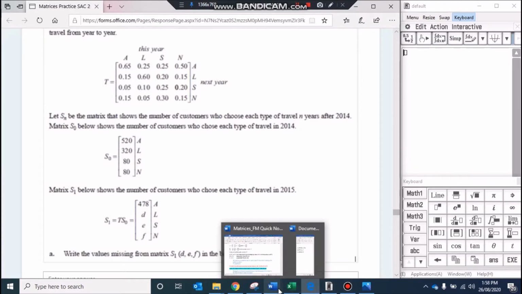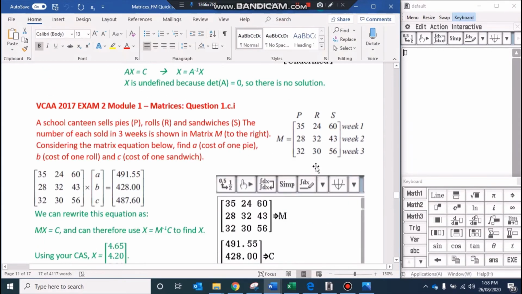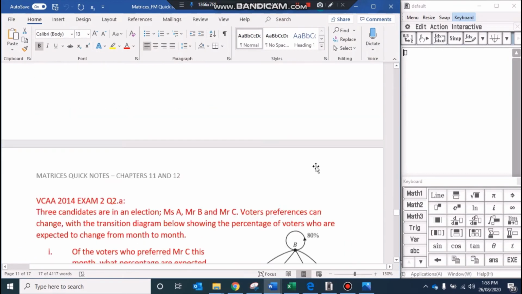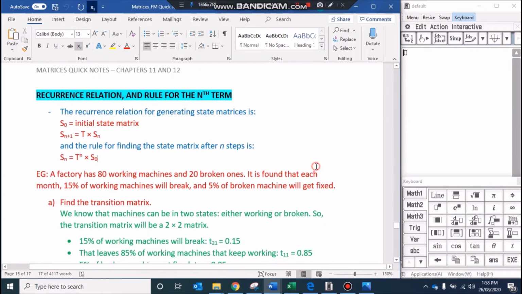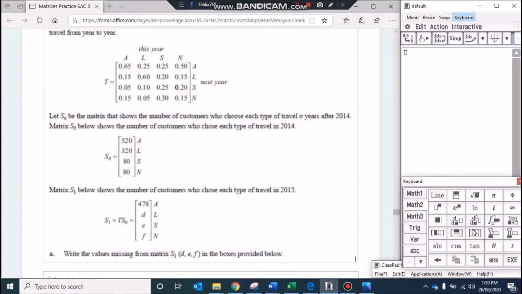So if we check our notes on transition matrices, we can use our rule in the form of Sn plus 1 is equal to T multiplied by Sn. So because we're starting off with the state matrix, we know that S1 will be T multiplied by our initial state matrix. So that's what we need to get into our calculator.